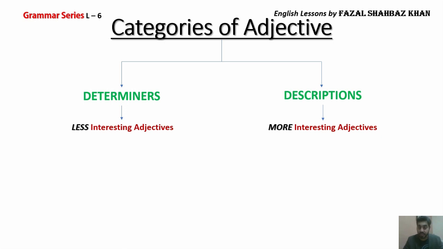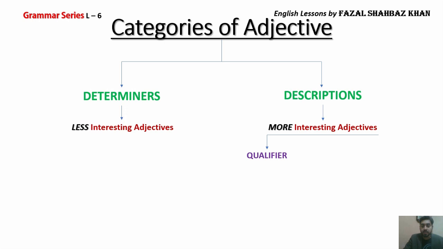Why are descriptions more interesting adjectives? Because they are normally considered or portrayed to be adjectives in general. The normal adjectives and formal adjectives do tend to come inside the fold of descriptions or descriptive adjectives. So that makes them look like more interesting adjectives, and determiners become less interesting. We'll find out why. So let us start from descriptions.